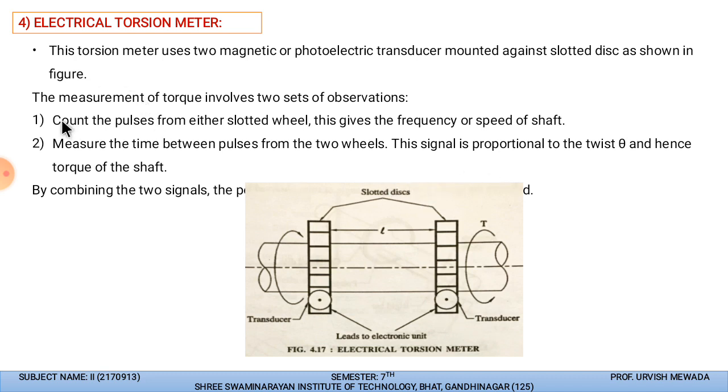The first observation that is made is to count the pulses from either slotted wheel. This gives the frequency of the speed of the shaft. So first of all, the transducer mounted on the shaft counts the pulses from either slotted wheel.